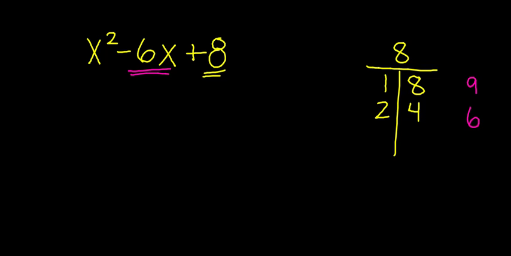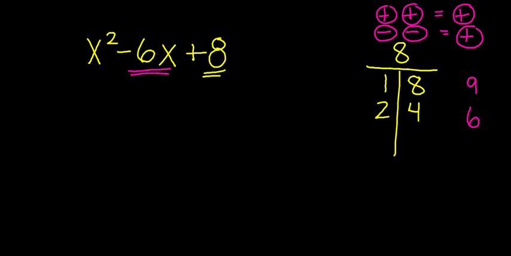If we know that the rules for multiplication tell us that a positive times a positive equals a positive, and a negative times a negative equals a positive, then we know that besides 1 and 8, there's also the factors negative 1 and negative 8, because negative 1 times negative 8 is going to give us positive 8.